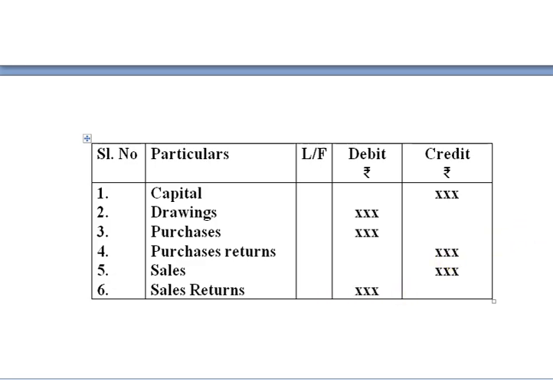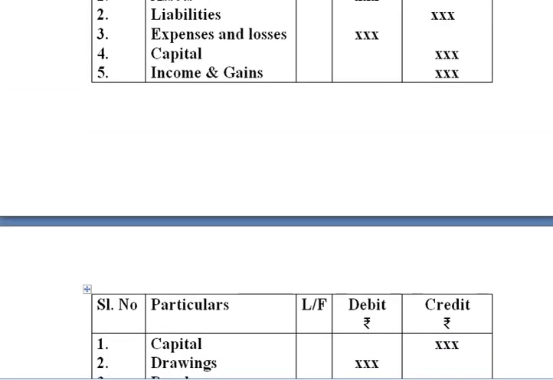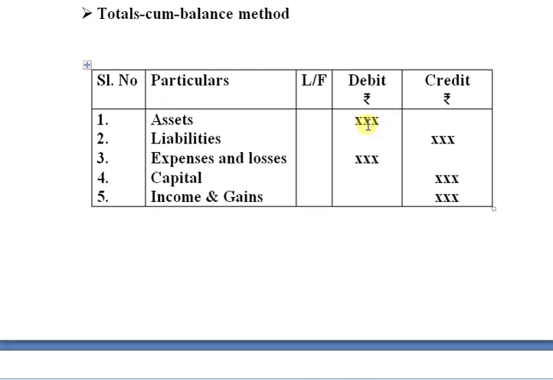Based upon this format we can do the problems. Consider all the assets, it may be land and building, plant and machinery, fixed assets, tangible or intangible assets. Any asset category will come under the debit balances. All liabilities have a credit balance. All expenses and losses have a debit balance.